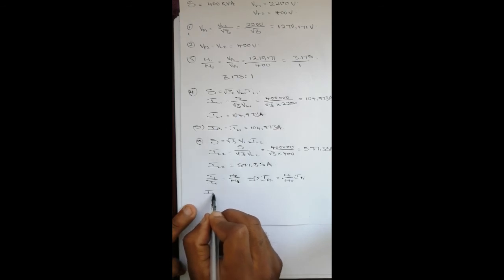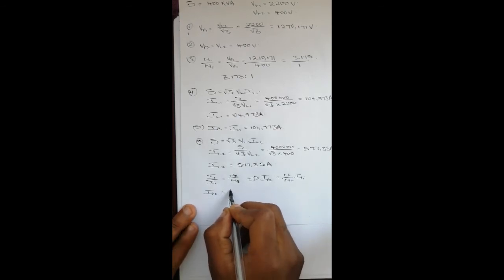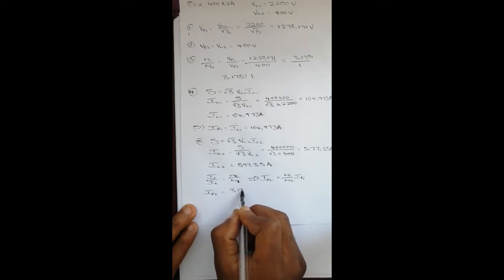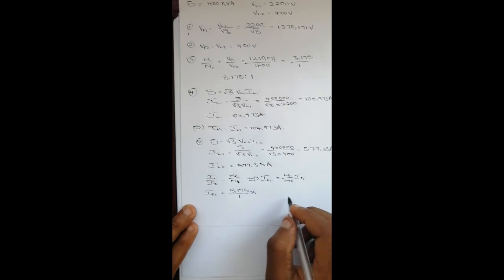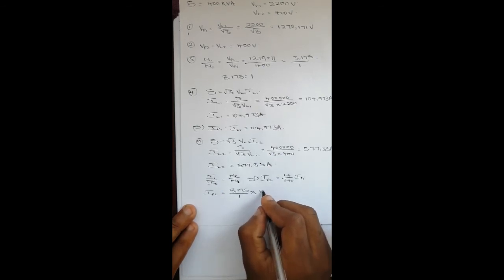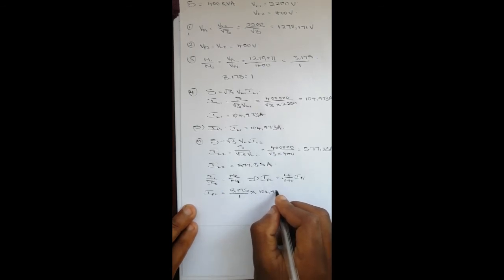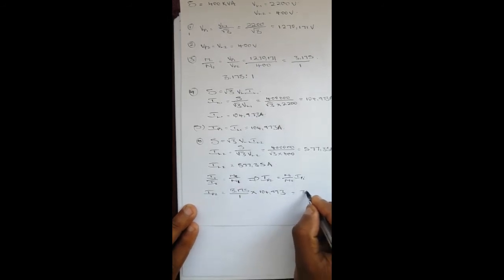Substituting, I phase 2 equals 3.175 over 1 times 104.973, which gives us 333.289 amps.